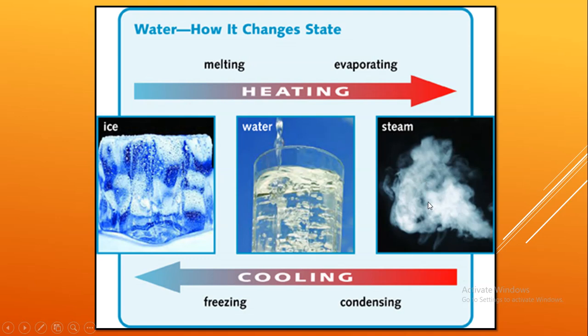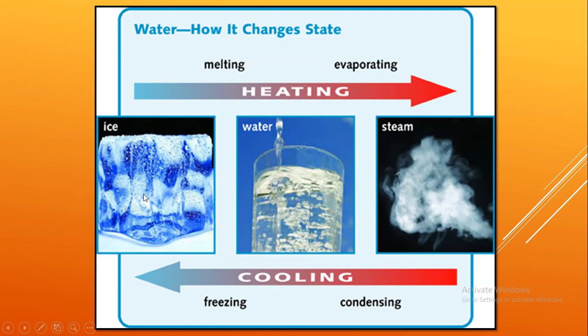It will evaporate. Now, if you cool it down, it will convert into liquid water. If you cool it down, if you freeze it, it will become solid. It will become ice.